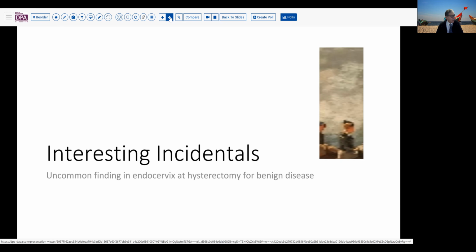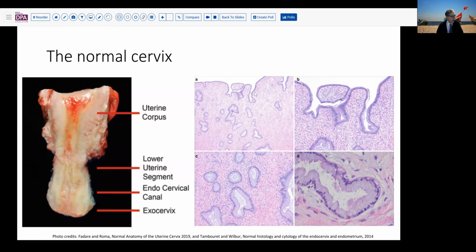But I thought it'd be a good chance to review normal histologic and anatomic findings in the cervix. Here on the left, you see this nice diagram or photo of a bivalved uterus. The endometrium is up here at the top, somewhat triangular in shape, and surrounded by the pale pink-tan myometrium.